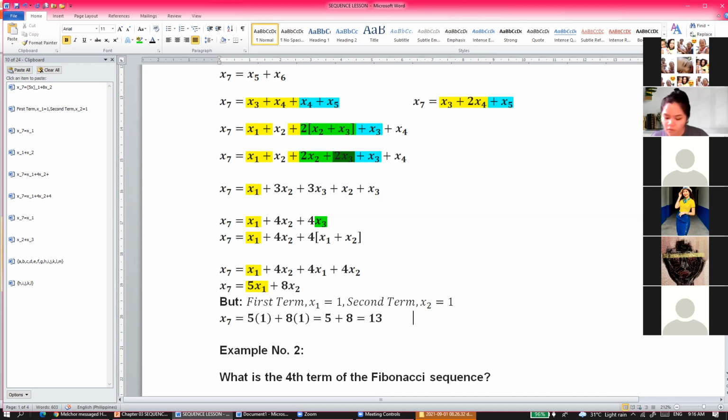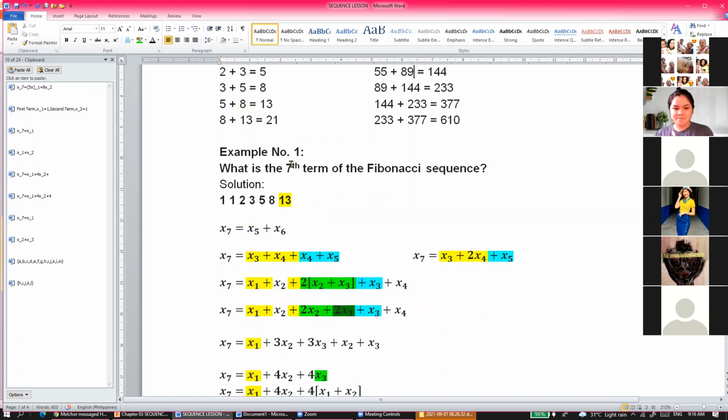Paano kapag ang tanong ko, what is the 17th term? Ibig sabihin, mapupuno yung papel mo. Back and forth ng yellow pad mo, mauubos yan.